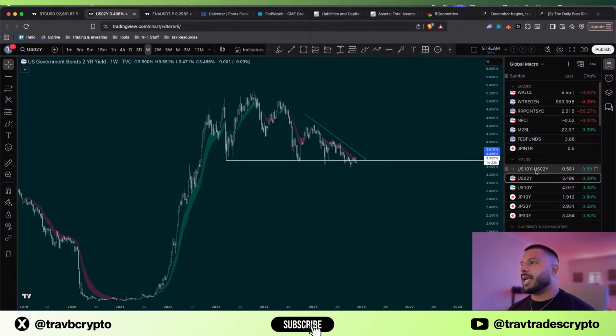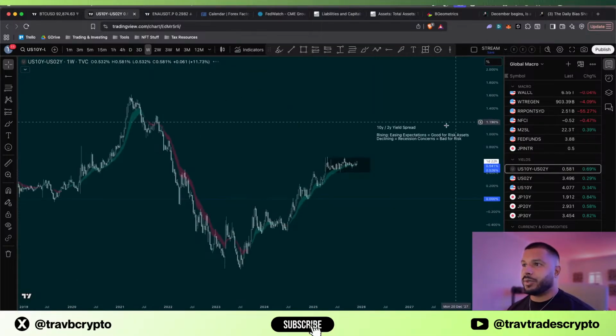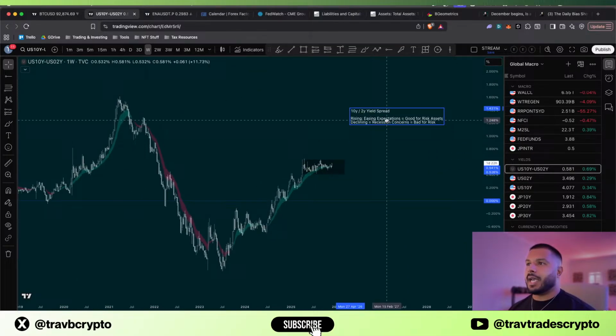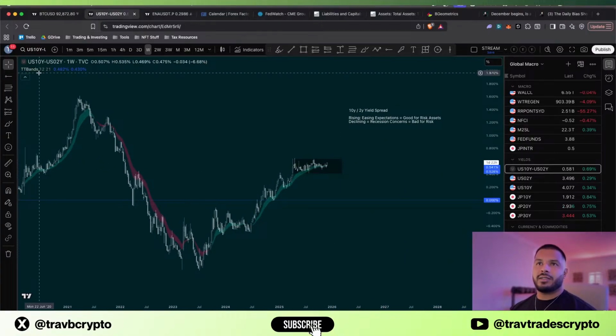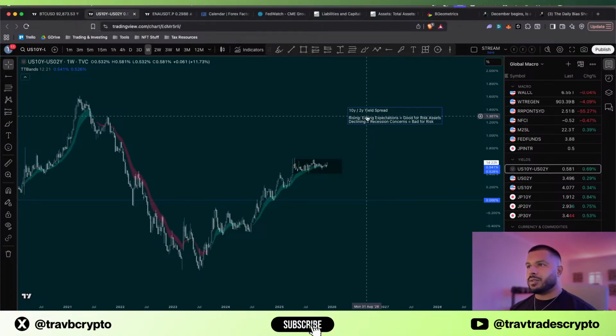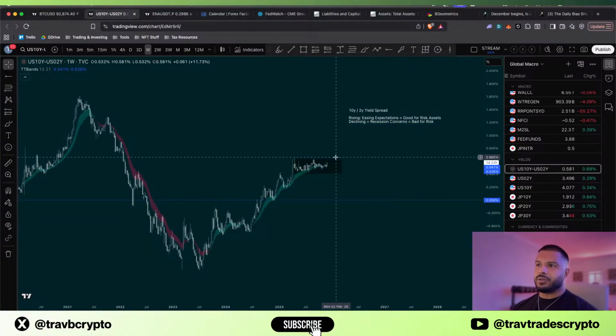So we're watching that, and I like to just look at the spread between the 10-year and the 2-year, because I find sometimes that's a nice signal. Ultimately, when it's rising, the market's expecting easing expectations of liquidity, good for risk assets. When it's declining, recession concerns.